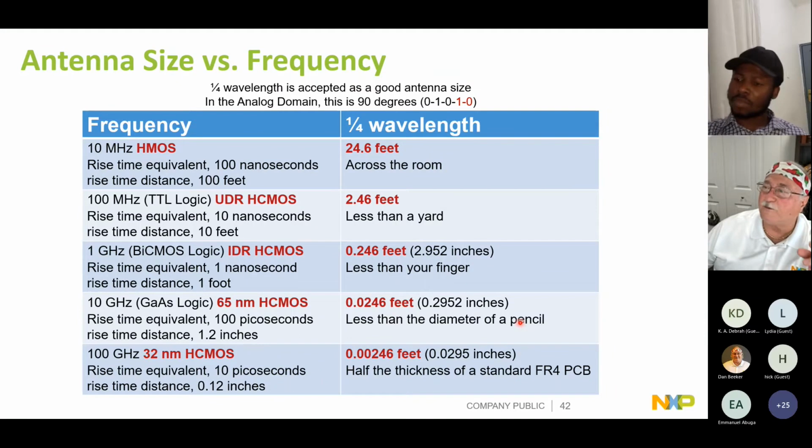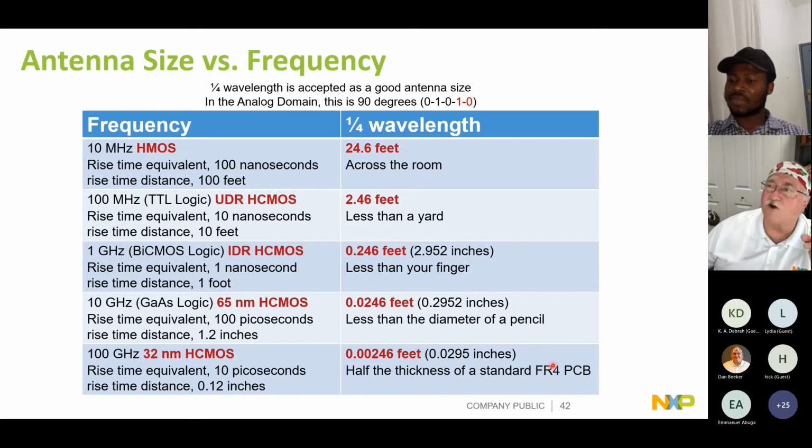This is getting to be hard. If you don't apply the laws of physics and design three-dimensional structures that define the space the fields move into, the results are what we know. We fail EMC. You have signal integrity problems. When you get down to these very fast signals, a via is long enough to be a half-wave antenna.